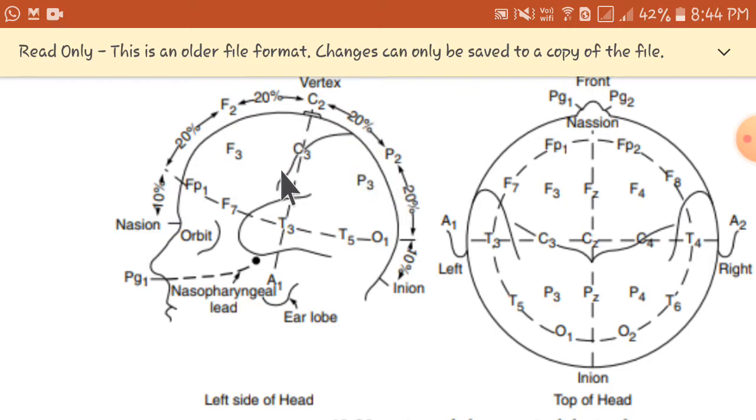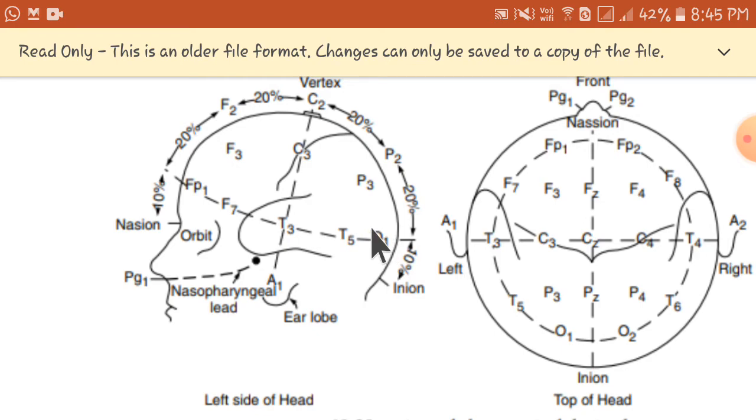Now these electrodes are identified according to their position. You can see the naming of the electrodes. F denotes the frontal area, FP denotes the frontal polar area, C denotes the central, P denotes the parietal, and T denotes the temporal.